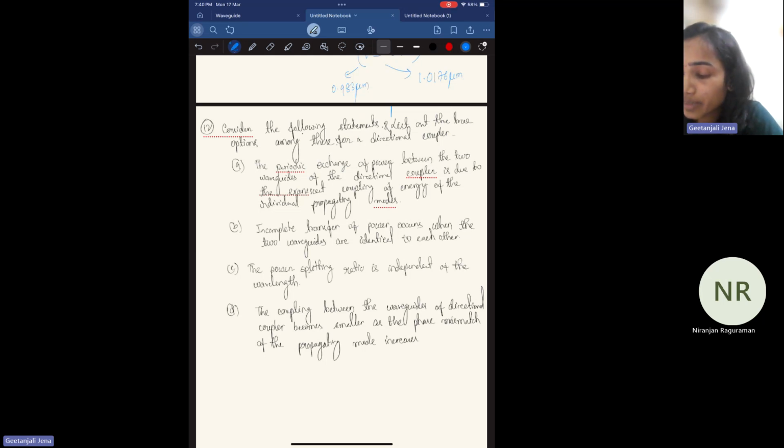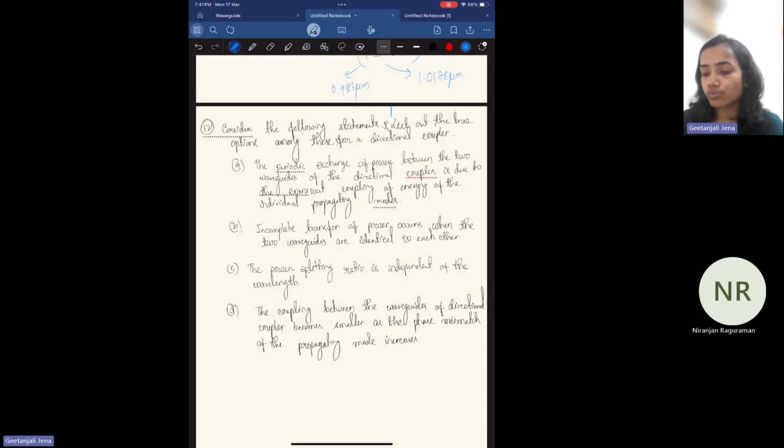Second option is incomplete transfer of power occurs when two waveguides are identical to each other. Third option is the power splitting ratio is independent of wavelength. And fourth option is the coupling between the waveguides of the directional coupler becomes smaller as the phase mismatch of the propagating modes increases.